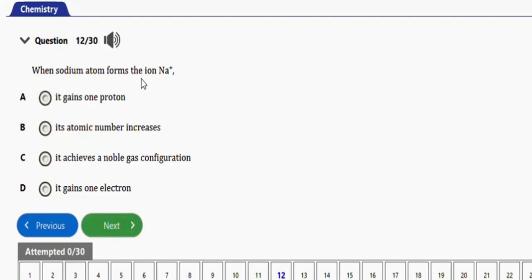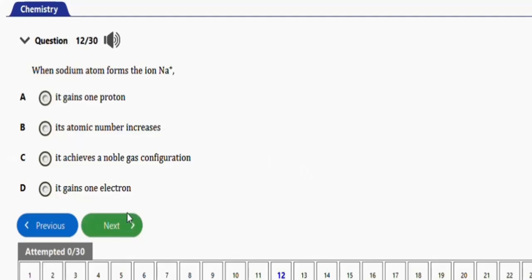So it's going to lose 1 electron. Metals lose electrons and take part in chemical reactions, whereas non-metals gain electrons. So this is a metal, and it is going to lose. This plus sign here shows that it's losing 1 electron. To attain stability, which is a noble gas configuration, it will have the same structure as neon, which is a noble gas that has atomic number 10. Option C is the right option.